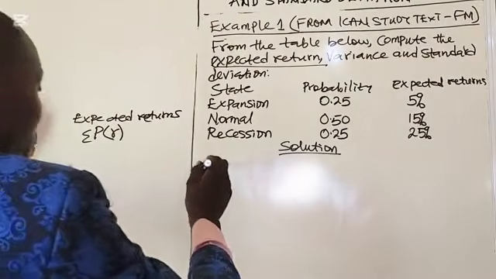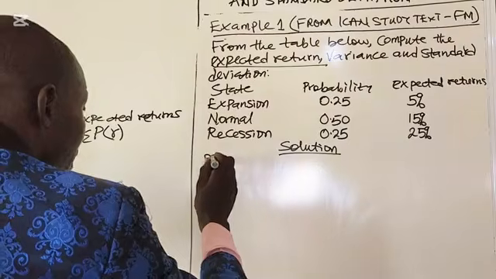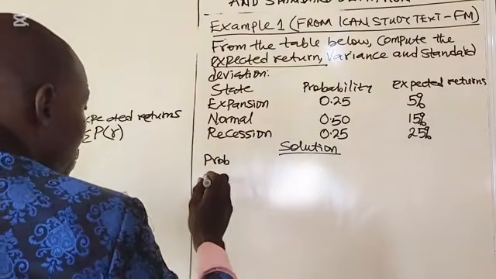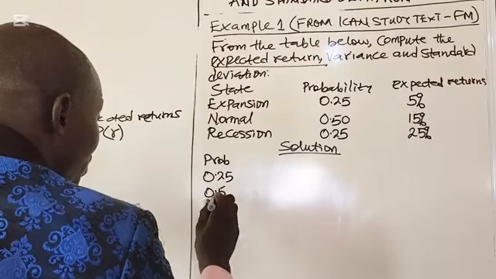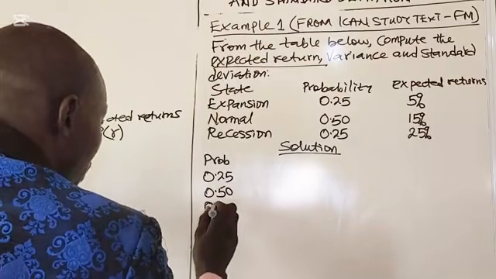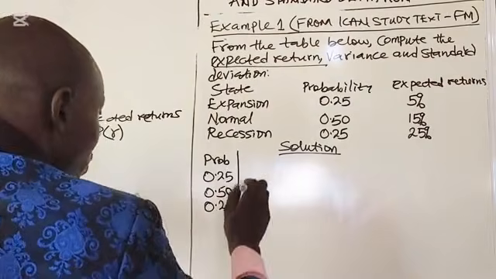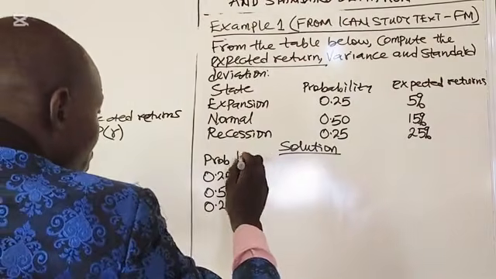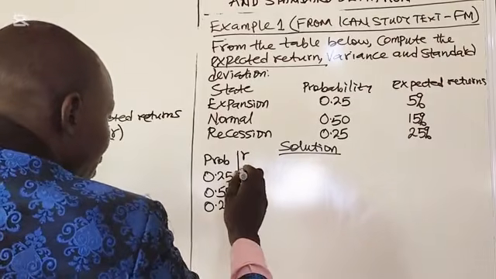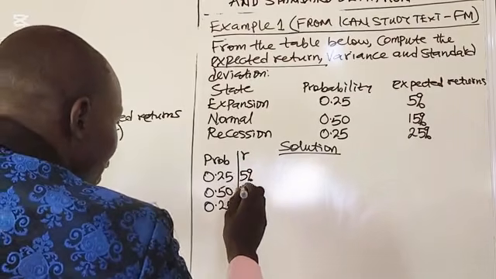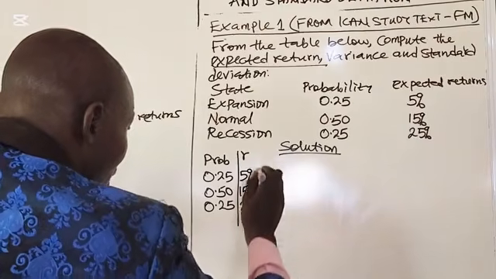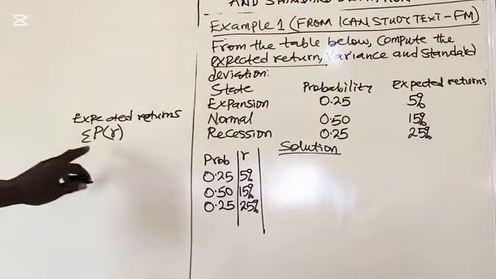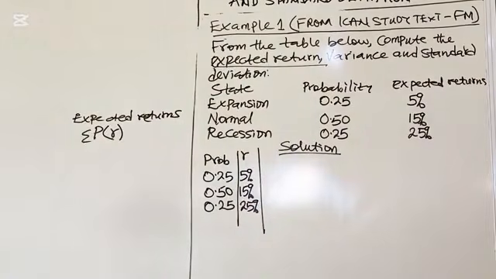So you have the probabilities 0.25, 0.50, and 0.25. Then the returns given are 5%, 15%, and 25%. Based on the formula, we have probability times the returns, and the probability we are given.